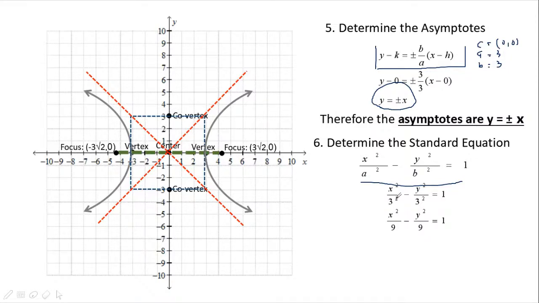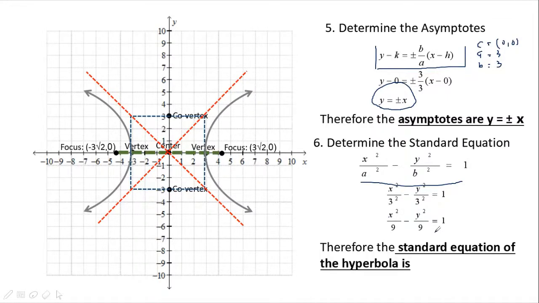So x squared over 3 squared minus y squared over 3 squared equals 1. Then we simplify the denominators: 3 squared is 9, and again 3 squared is 9. So x squared over 9 minus y squared over 9 equals 1 is the standard equation of our given hyperbola.